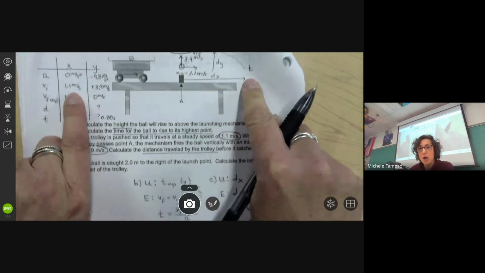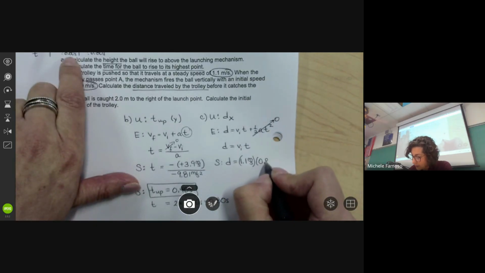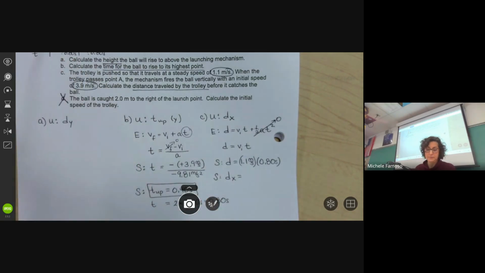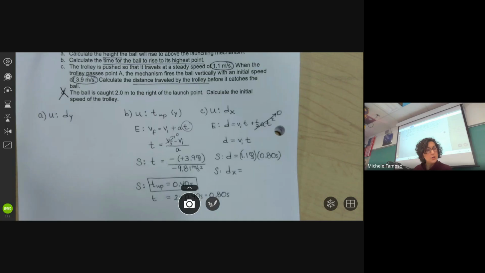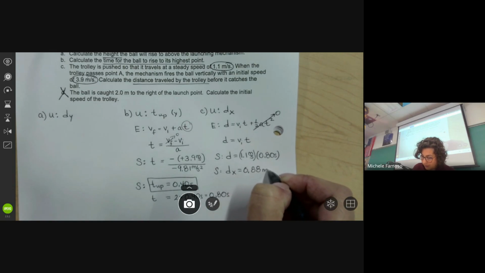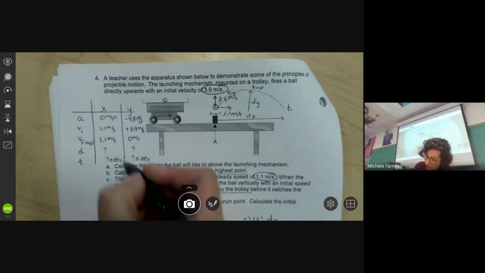And the time to get all the way over here is the total time of 0.80 seconds. Si Cheng, can you tell me what you got for that horizontal distance, please? That is correct. I'm going to take that value and I'm going to put that in my chart.